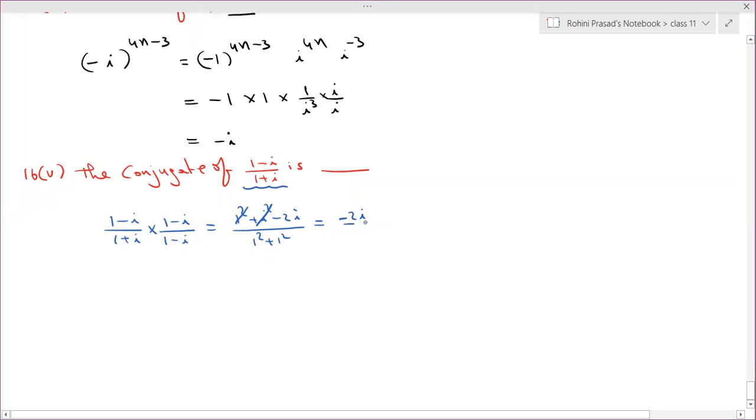So minus 2i by 2, which is equal to minus i. So this is the given complex number. The problem with this method is after converting that into simple form, we'll forget to find the conjugate. That is the important thing you need to remember. Now, therefore, the conjugate equal to 0 minus i, conjugate is 0 plus i. So i is the answer.